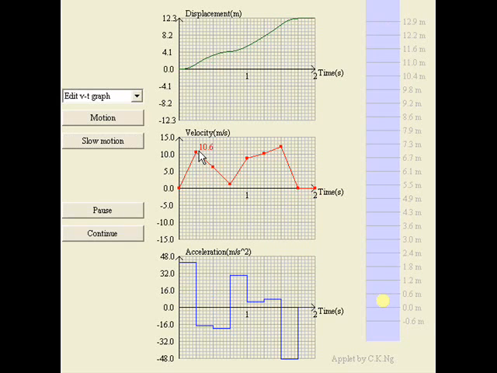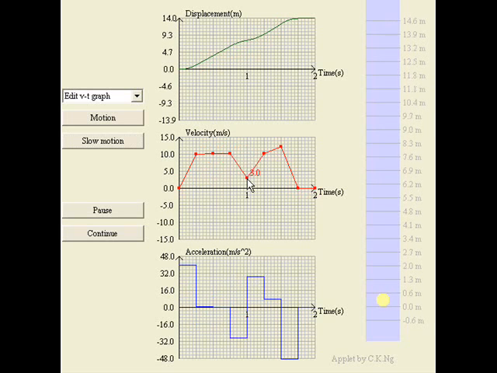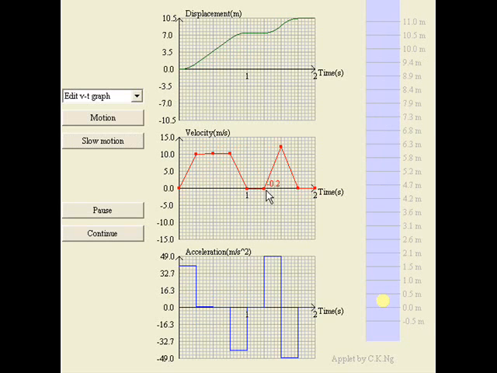Let's do our own shape of graph. Okay, so what we've got here then is increase in velocity or constant acceleration.